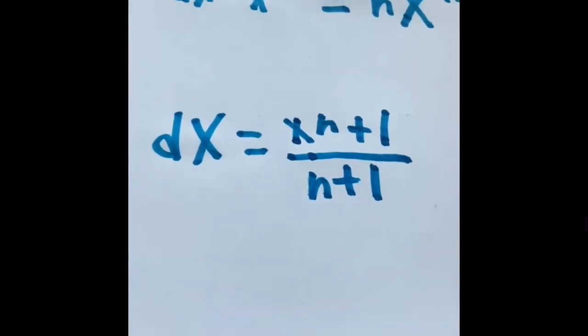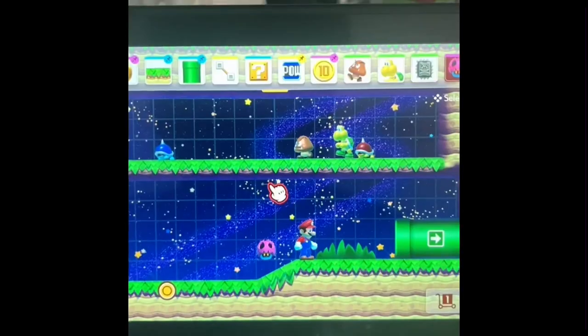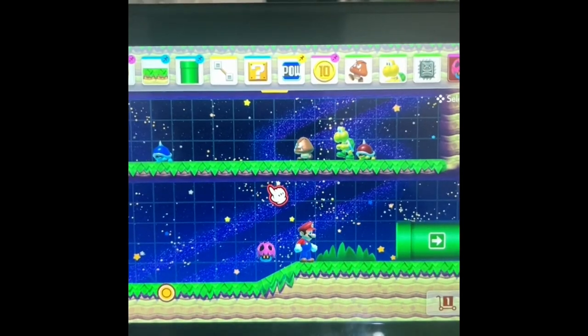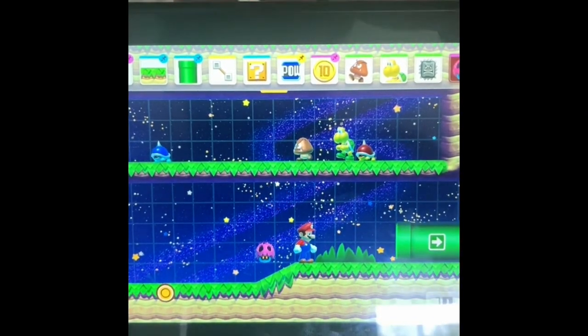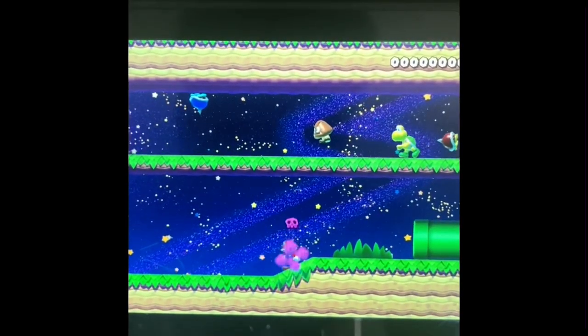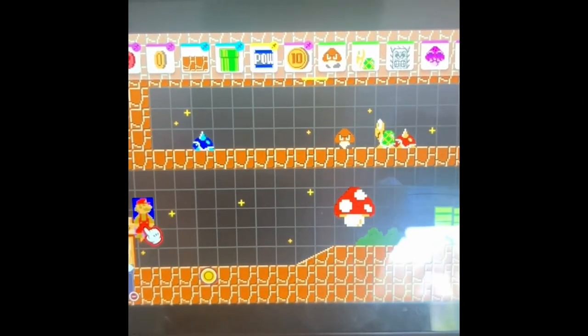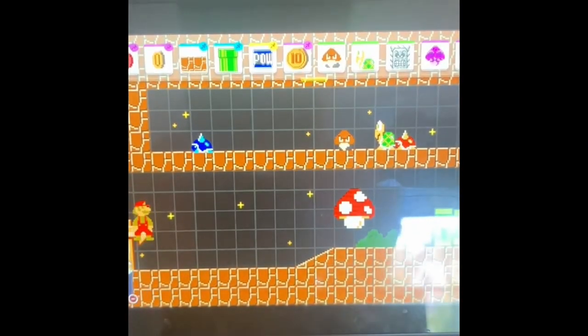So technically, you're leveling up, not down. Okay, so this is a derivative, leveling it down a bit. And this is the antiderivative, because it means to level up.